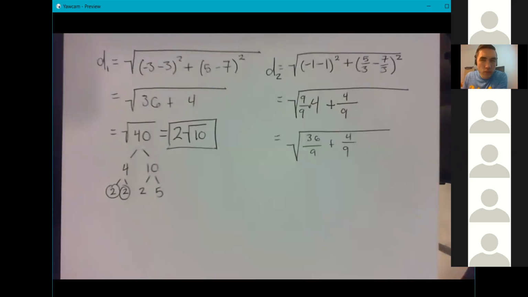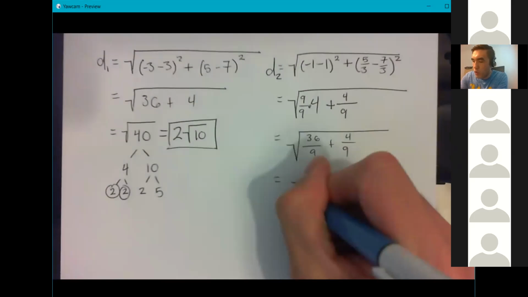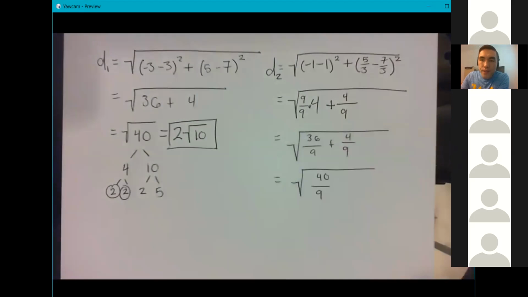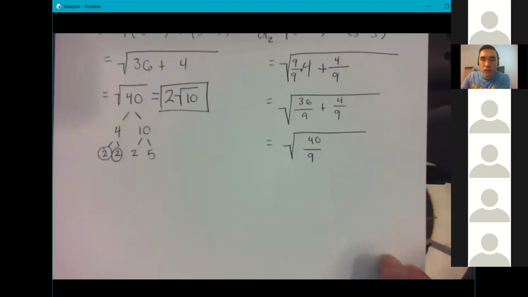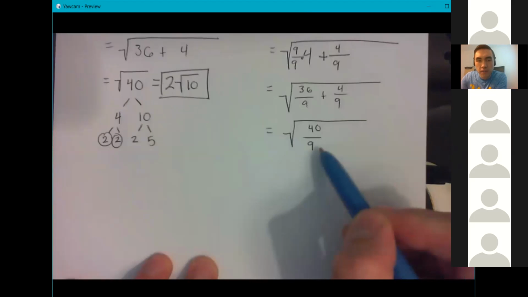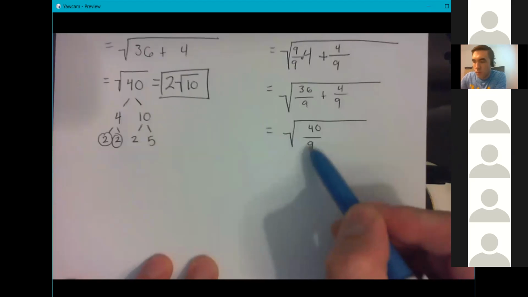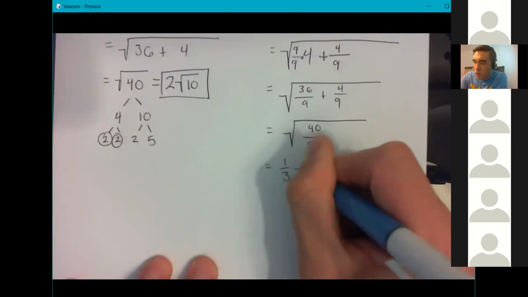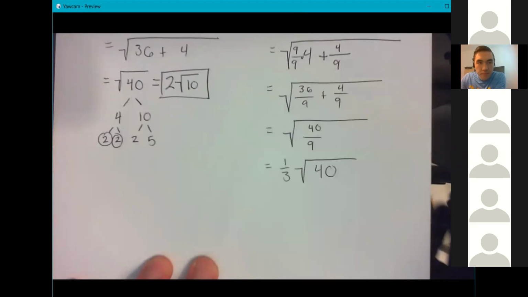And what's 36 plus 4? 40. Equals the square root of 40/9. And so let's go ahead and take the square root of the denominator. What's the square root of 9? 3. So this is equal to 1/3 root 40, which I guess that does it.